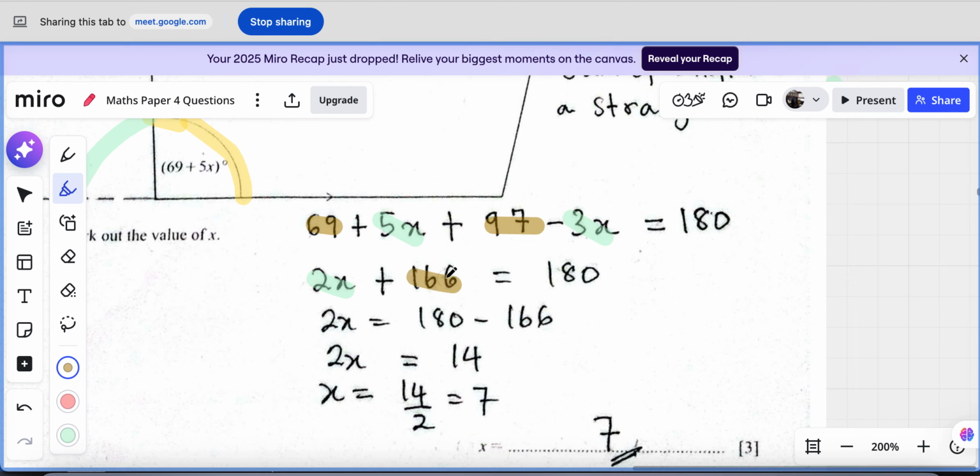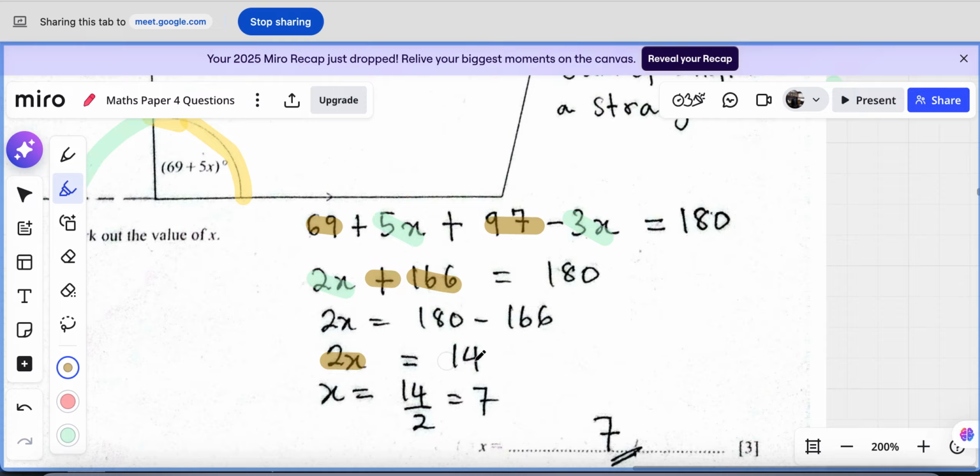So we move this 166 to the right side. Remember, this plus goes with this 166. When it goes to the right side, it becomes subtraction. So 2x equals 180 minus 166, which is 14. Because we're looking for x, we divide both sides by 2.